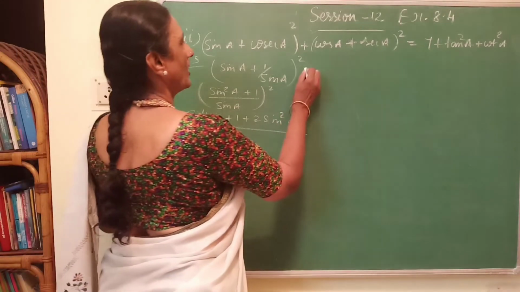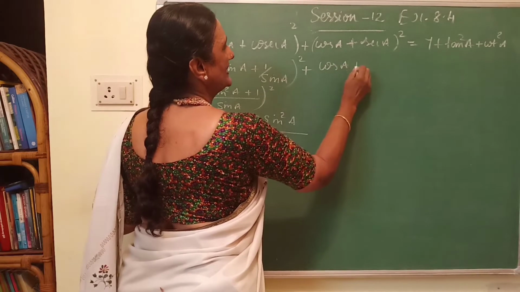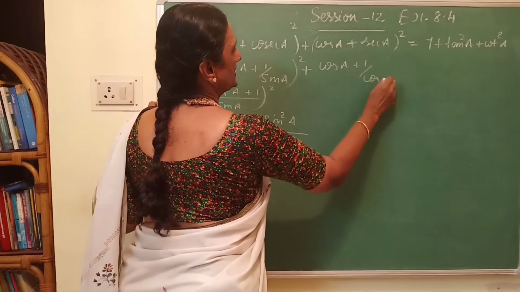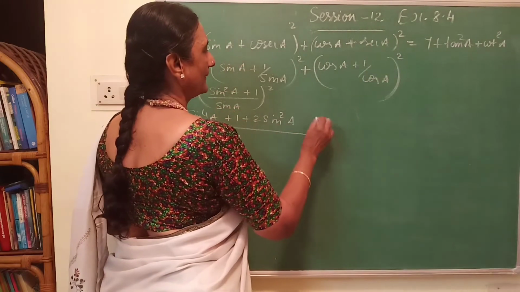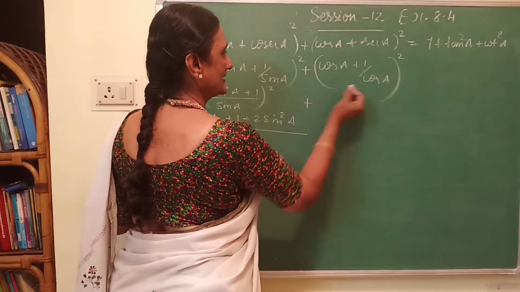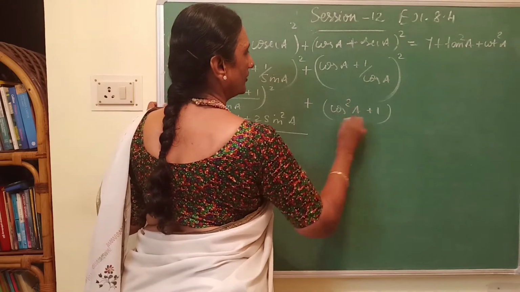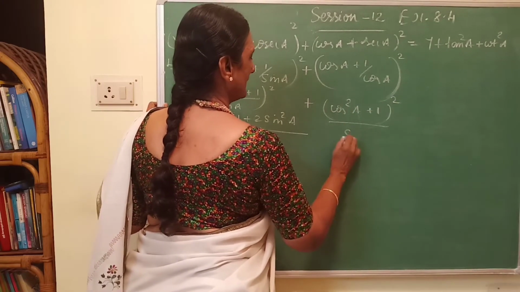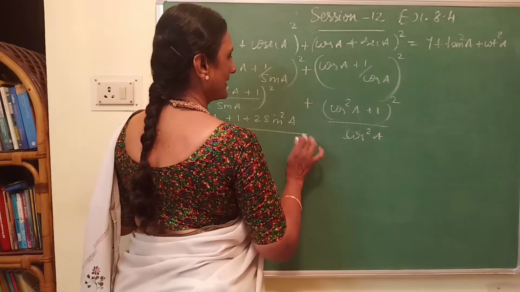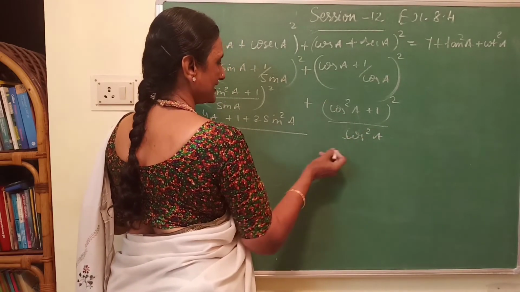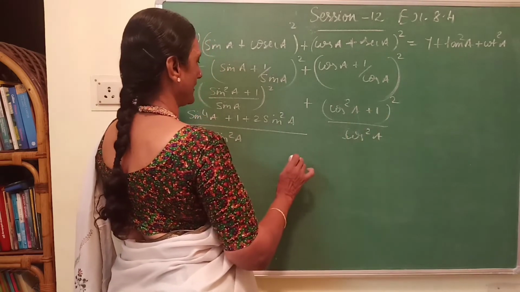Similarly, your cos term becomes cos A plus 1 by cos A the whole square. Now I am going to simplify it as (cos square A plus 1) the whole square divided by cos square A. So again three terms you will have using the (A plus B) the whole square formula.